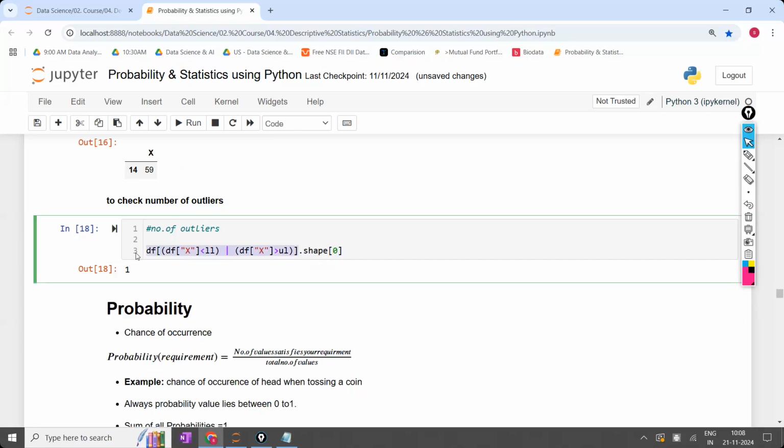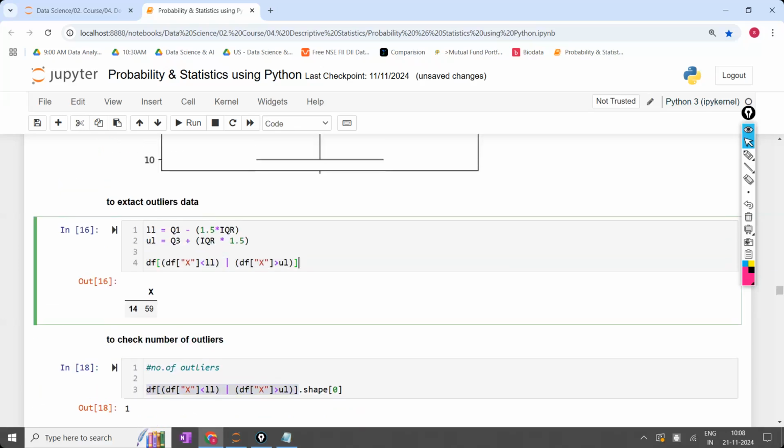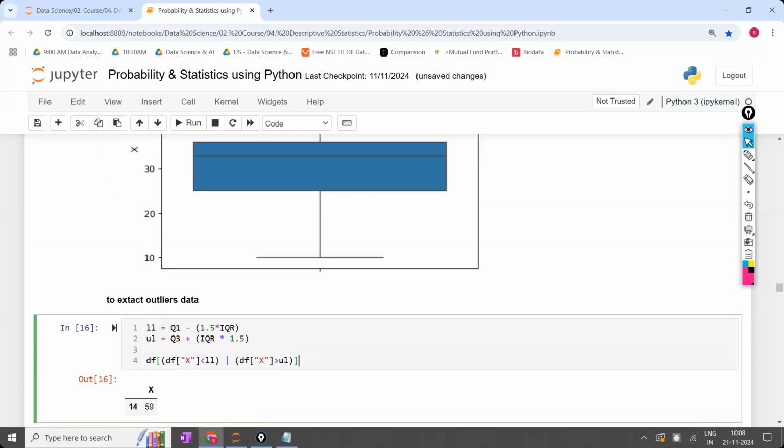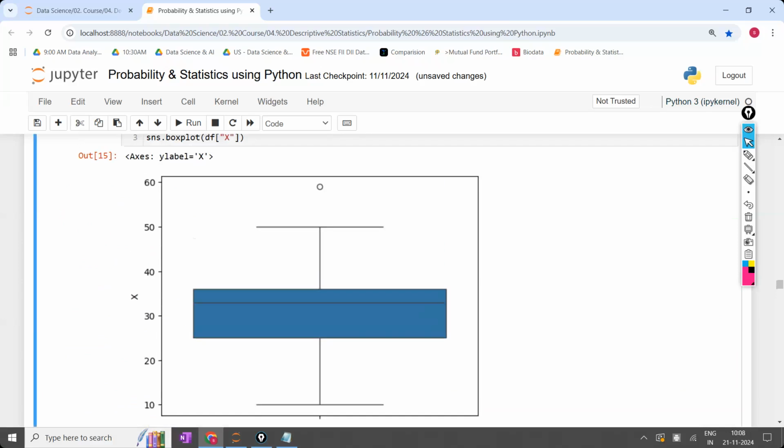One record of outlier is there. Which record is that outlier? This is the record. How do you know that outliers are available or not? First I have checked the box plot, later I have written this. So for example, if a dot is not given here, it means in your data set outliers are not there. Then why check unnecessarily? So first you have to take the box plot.